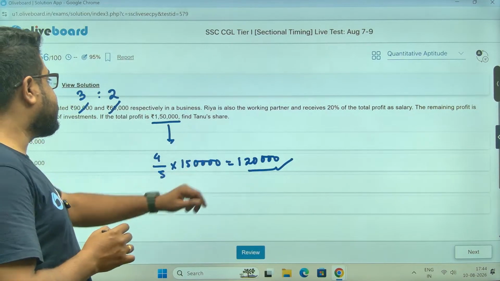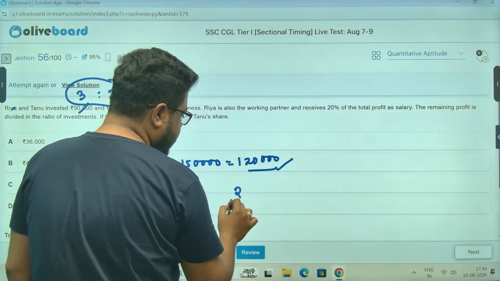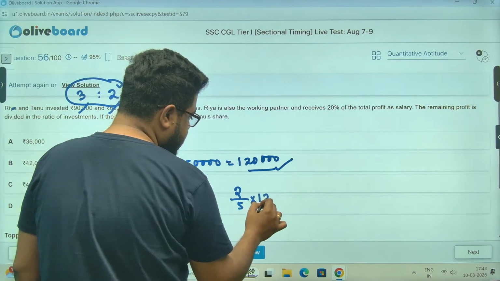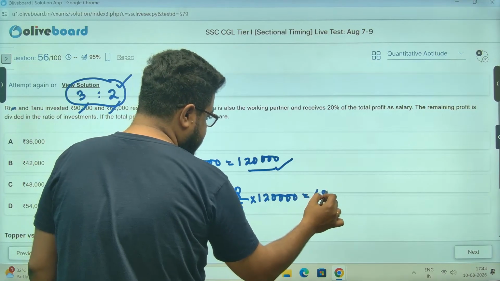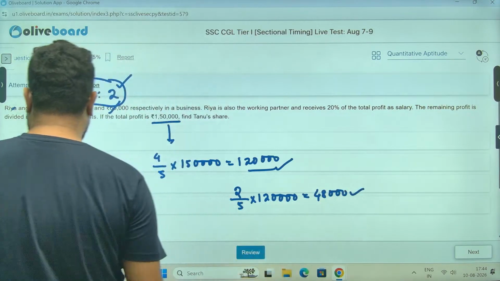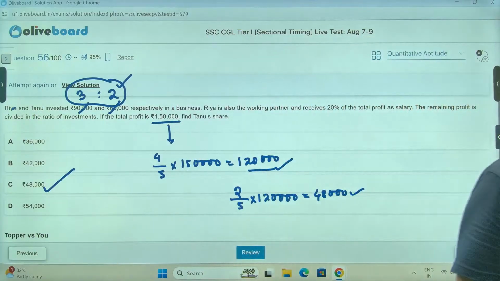Now this will get distributed in this ratio. Tanu will get 2 parts out of 2 plus 3, 5 parts, which will be 48,000 rupees. Option number C once again.